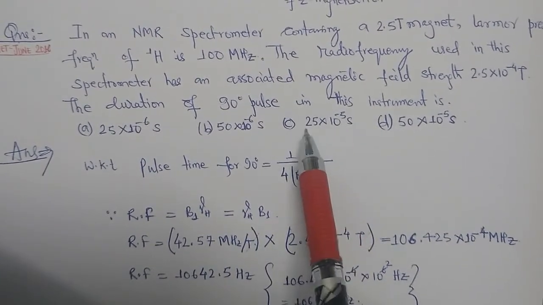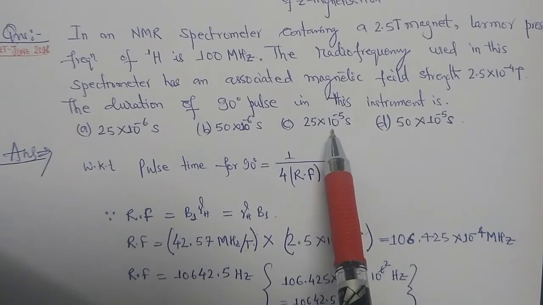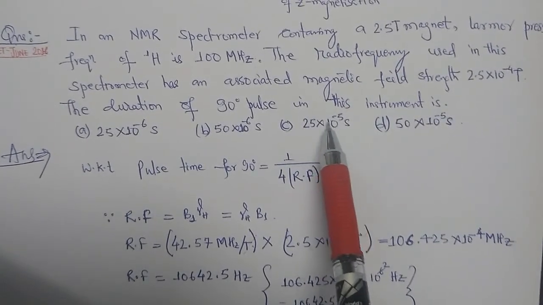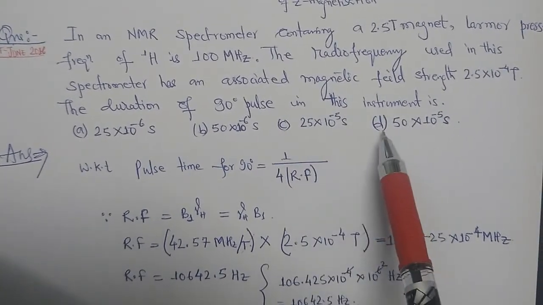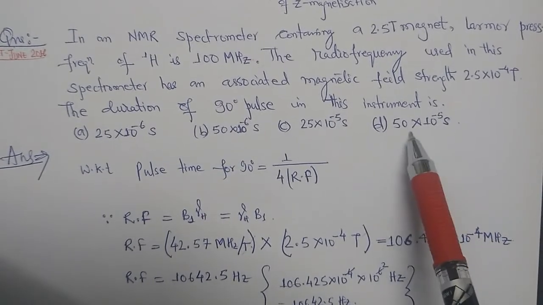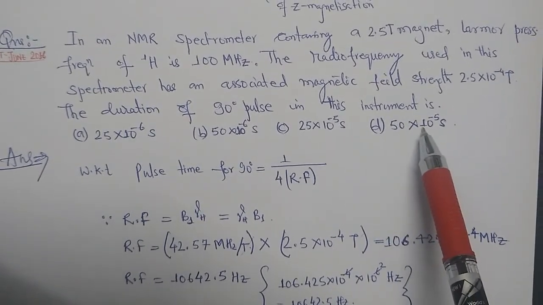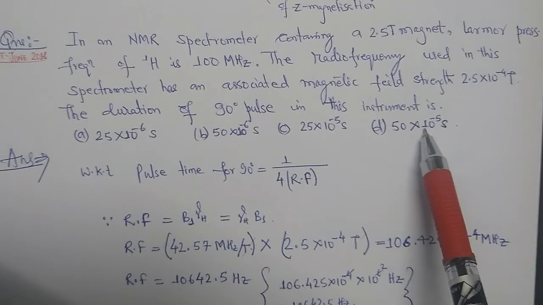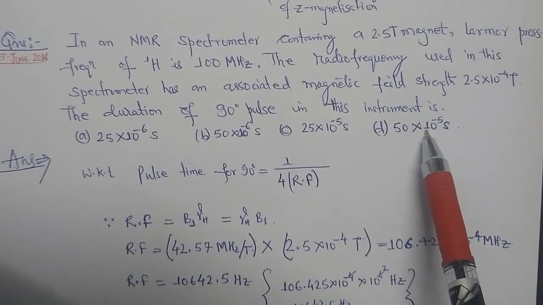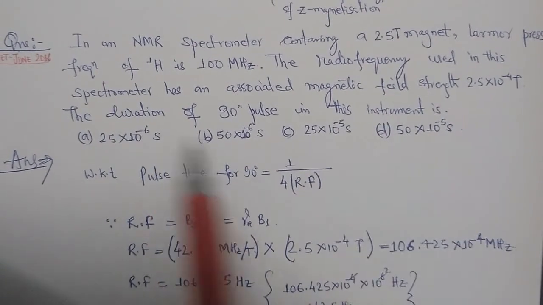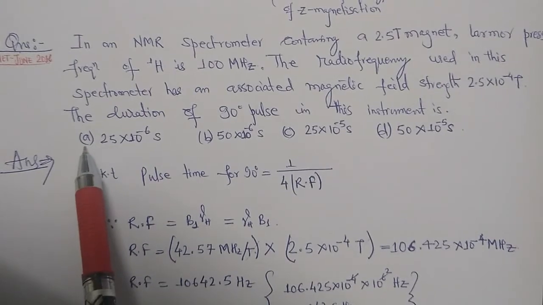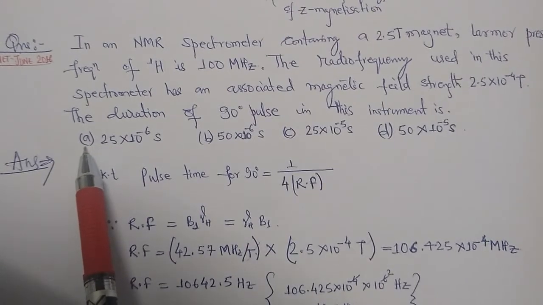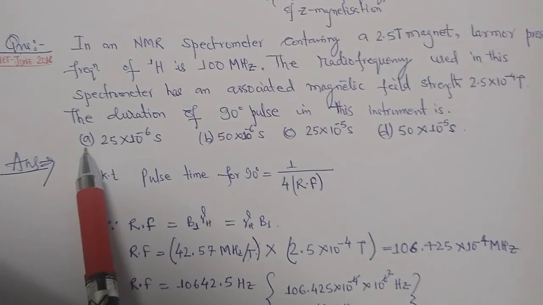This is near about our numerical value, but it is 10 to the power minus 5, which is not possible for our answer. D, 50, this is also not possible. So for the more appropriate value, we can give A as the right answer.